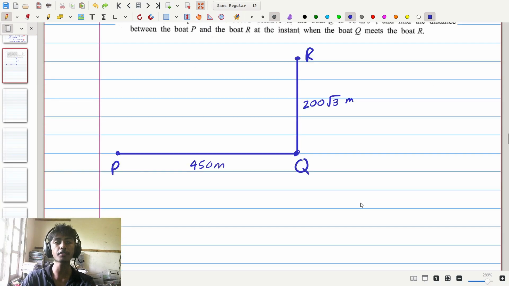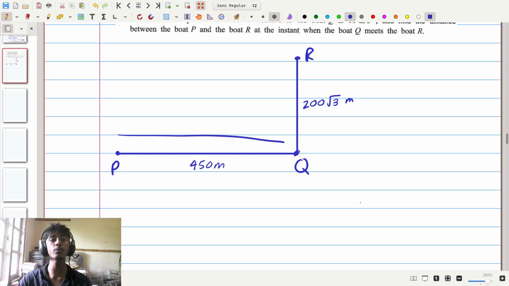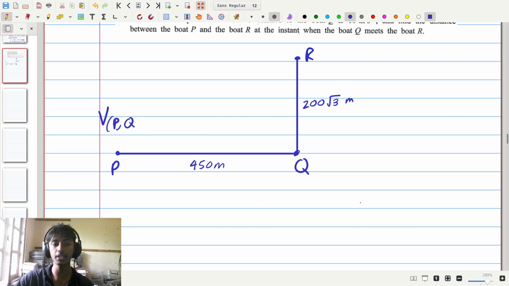Now to start off with this question, let's consider the motions of P, Q and R. As I said, if boat P moves with the intention of meeting Q in a straight line path with a constant speed, then the velocity of the boat P relative to the boat Q must be dead on in the direction of the vector going from the boat P to the boat Q. So therefore the velocity here must be in the eastward direction in a straight line like this.